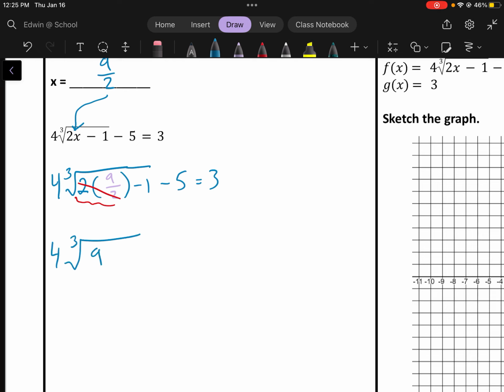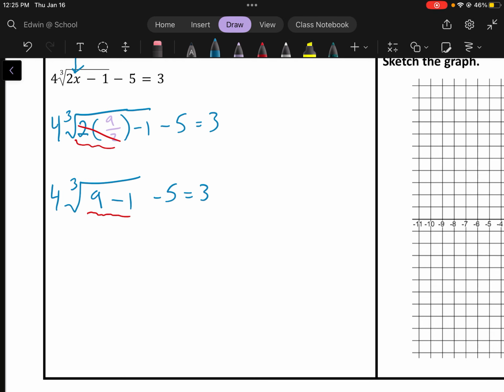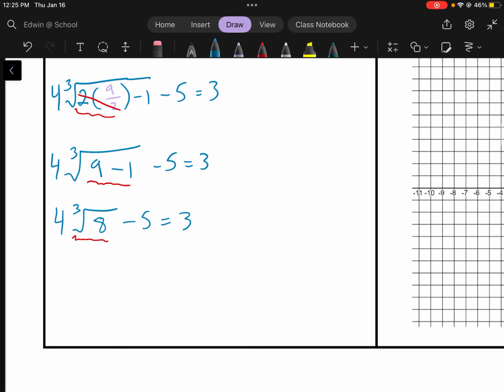So we just end up with 4 cube root of 9 minus 1 minus 5 equals 3. 9 minus 1 is going to be 8, minus 5 equals 3. And now we have this question. What is the cube root of 8? What number multiplied by itself 3 times will give us 8? And the answer to that is going to be 2.